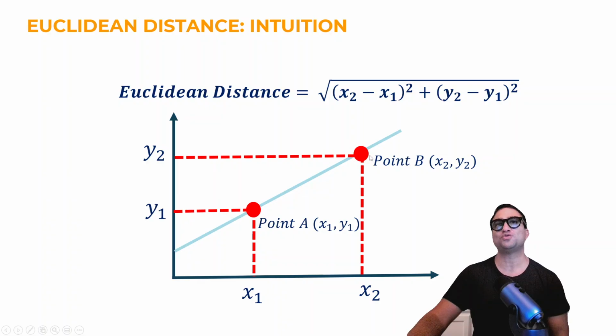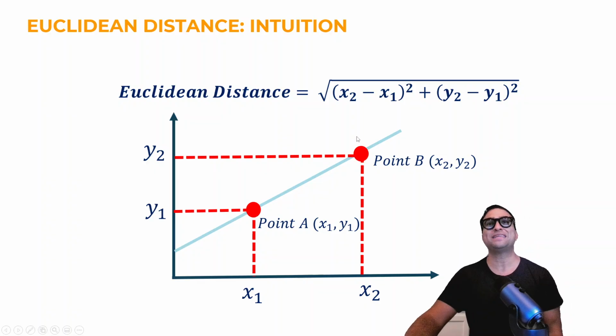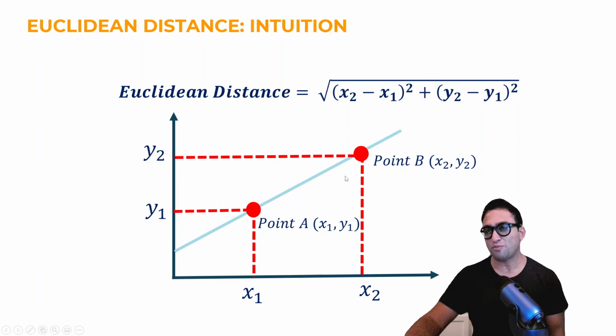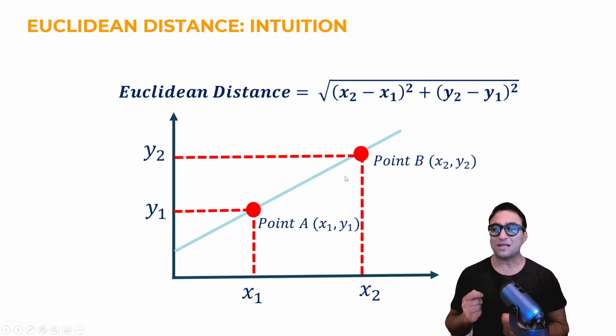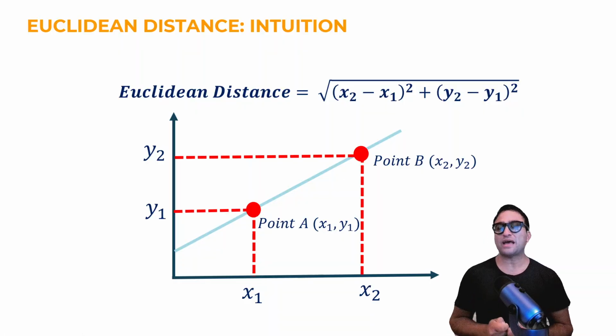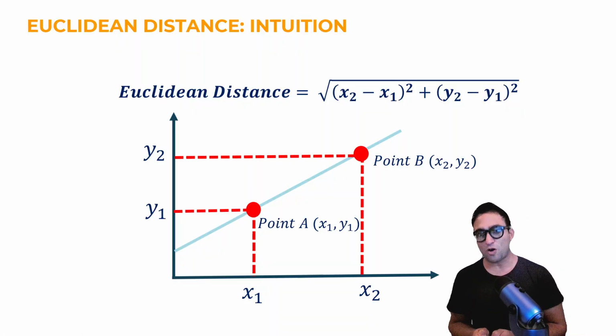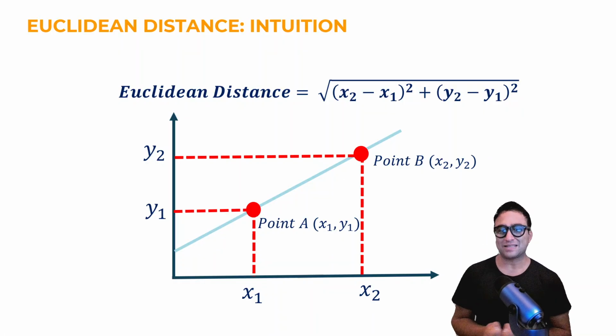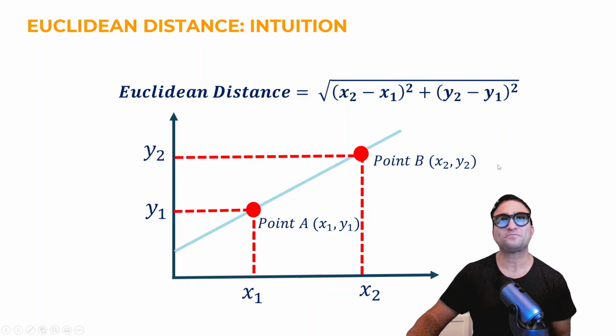You obtain (x2 minus x1) squared plus (y2 minus y1) squared, and then you take the square root of that. That is going to tell you the Euclidean distance between these two points. And that is a very important metric to dictate whether that data point belongs to class large or class small, class A or class B, essentially.